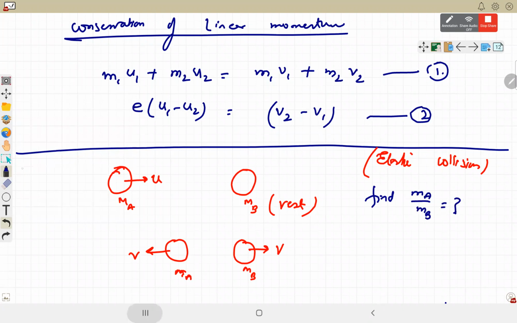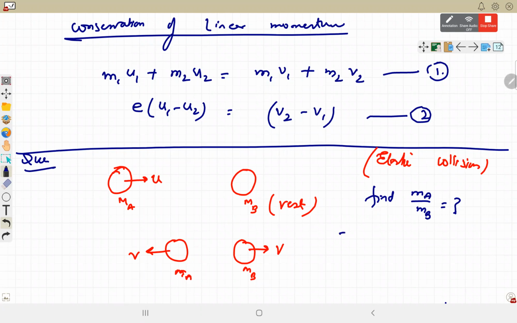This is one of the previous year questions. So initial momentum has to be equal to final momentum. That is the first equation. Second equation, velocity of approach is equal to velocity of separation, because here it is an elastic collision. Elastic collision, E is 1.